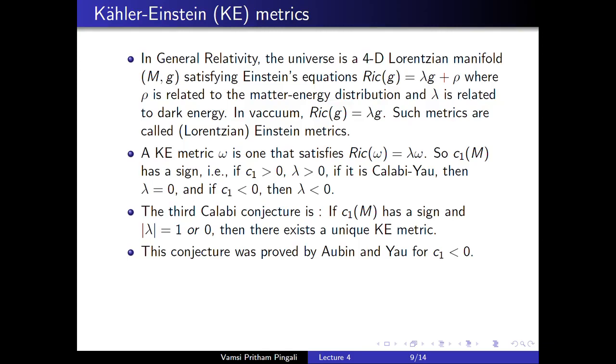For C1 less than 0, Aubin and Yau proved this conjecture a long time ago. Yau actually did all of this in one single paper. A very impressive paper. However, and here is the shocking fact, it is false for Fano manifolds, that is for C1 positive.